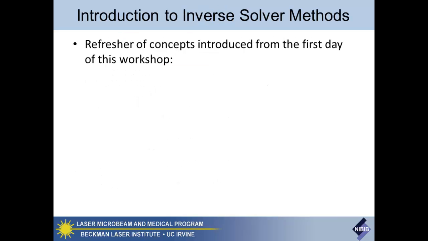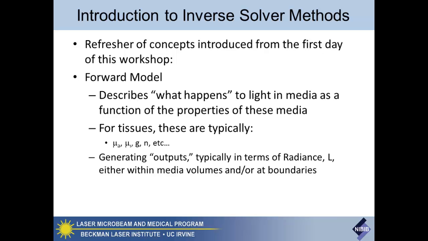So again, to give a little bit of a refresher from the first day, the forward model in general terms describes what happens to light in media as a function of the properties of that media. So again, absorption, scattering, anisotropy, the index at boundaries, and so on and so forth, and these models will generate outputs, which are typically in terms of radiance, either within the volumes or at the boundaries.